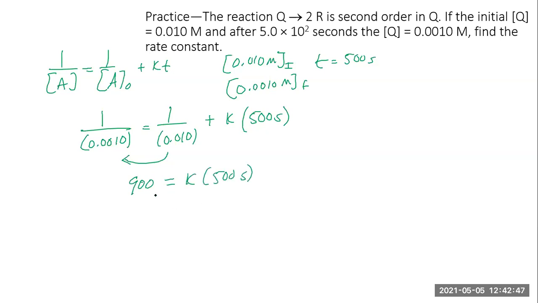And at this point, basically, we're going to divide that to the other side, divided by 500. Gives us a k value that is 1.8 over molar seconds is the units, because again, this is basically molarity on the bottom, which means this is 1 over molar here. And when we divide, the seconds ends up on the bottom as well. And again, those are the typical units that we associate with a second order rate constant.